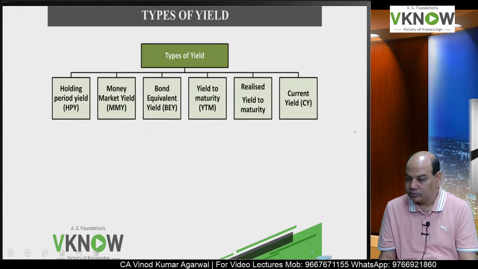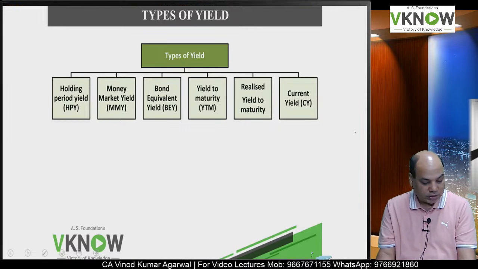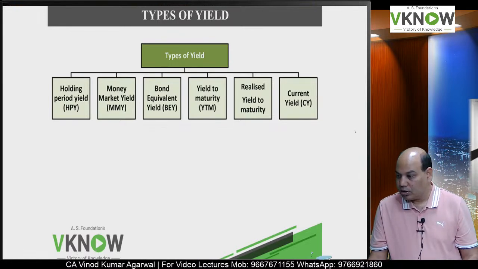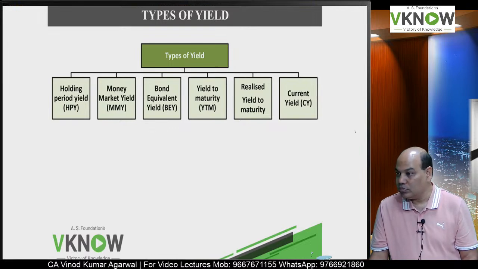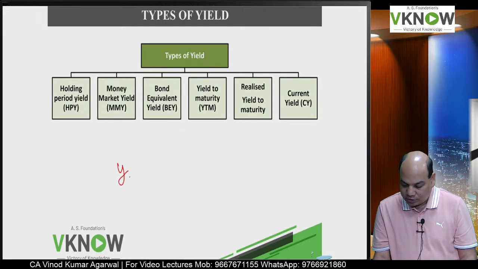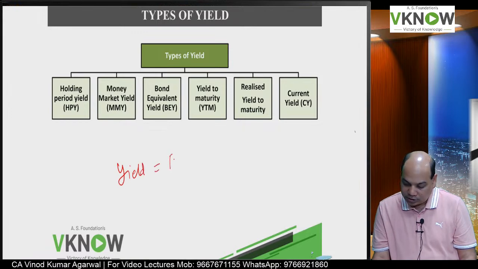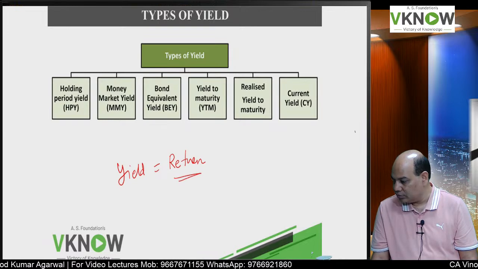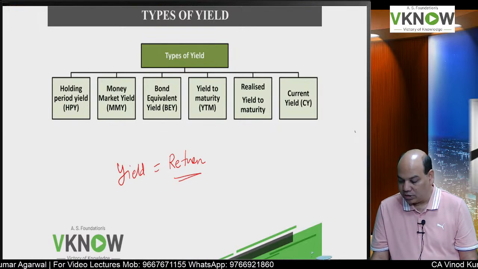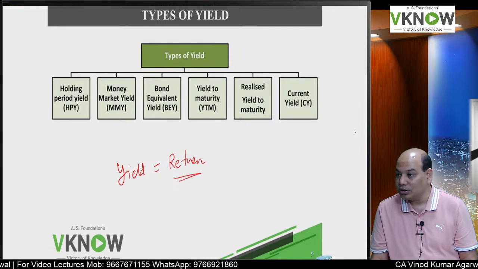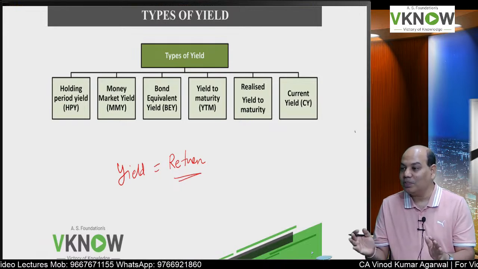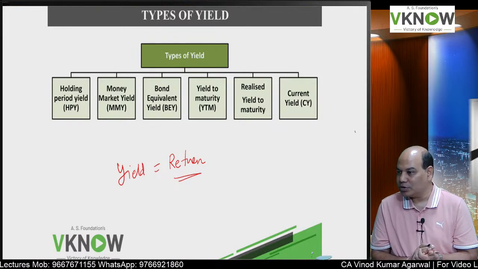Now the next part of this chapter is understanding the types of yield. What is yield equal to? Yield means return. When you are investing in a bond, you should know how much return you are going to earn, so that you can compare different options.